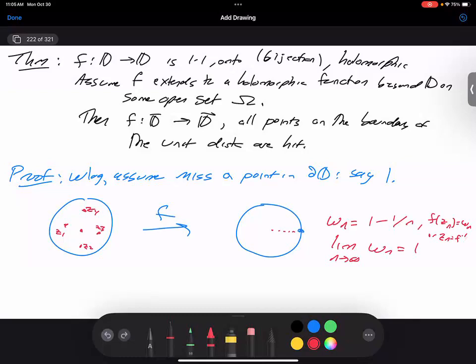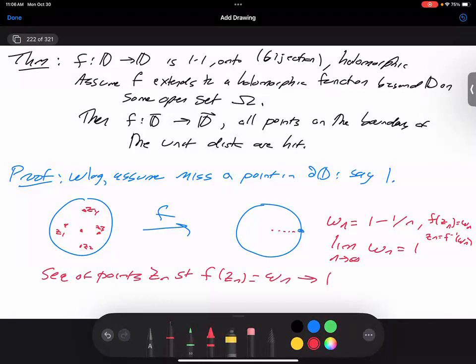Is there a unique inverse? Why? It's a bijection. So a unique inverse. So now we have a sequence of points Zn such that F of Zn equals Wn is going to 1.